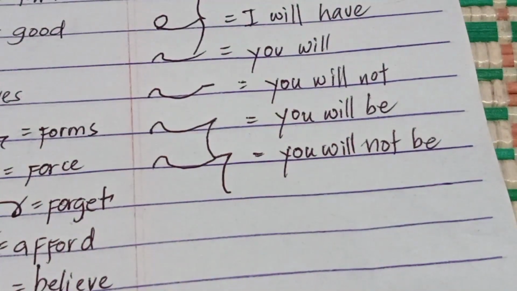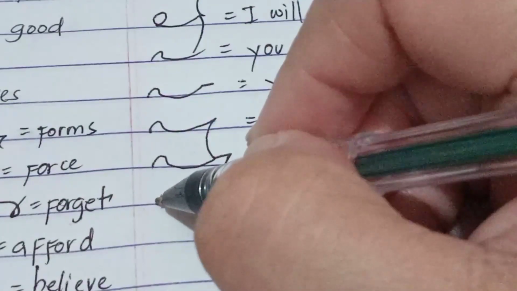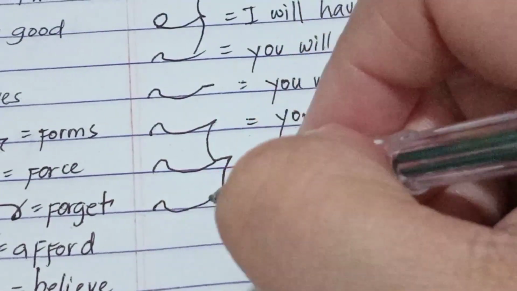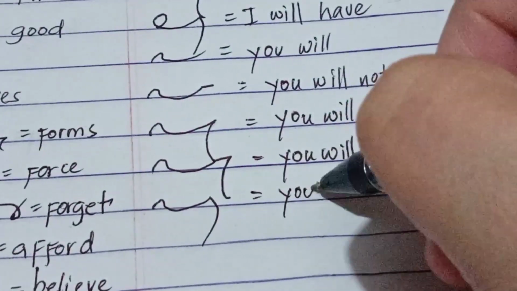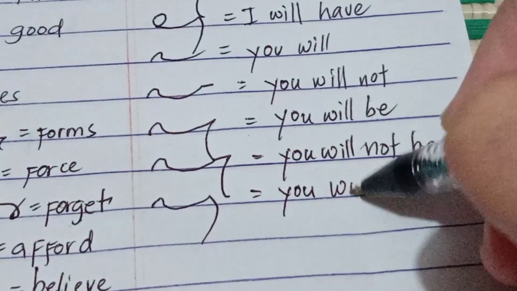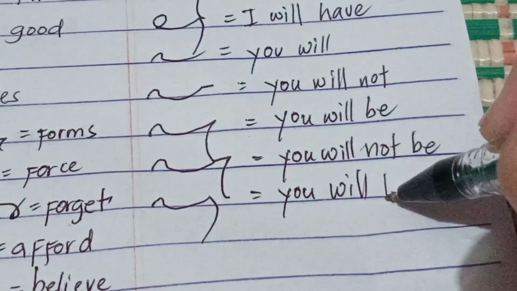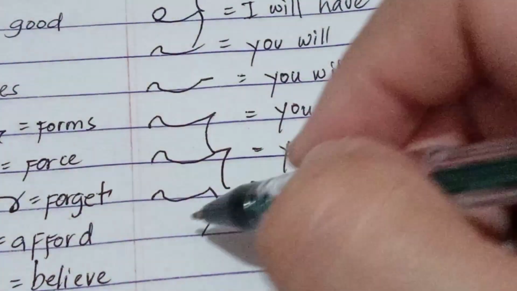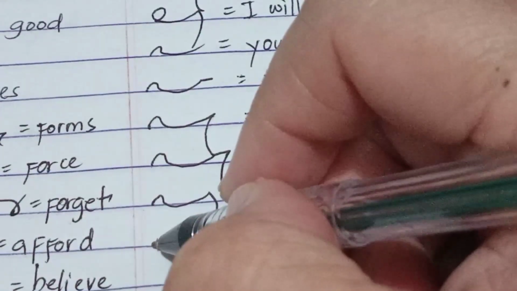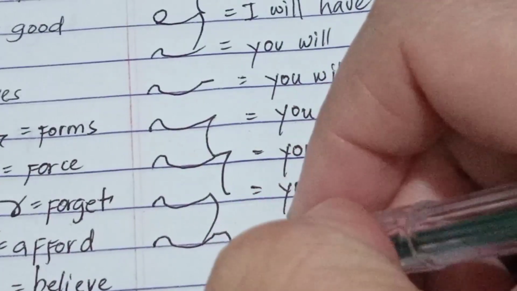Okay? Then, if I write you will have. So, this is the you. This is the will. And this is have. Okay? So, you will have po yan. Okay? If I write you will not have.